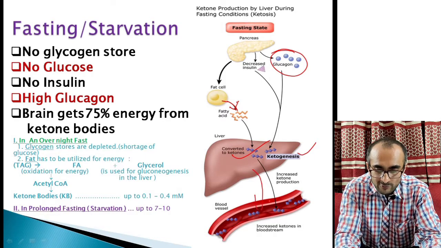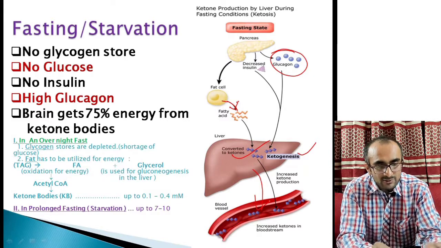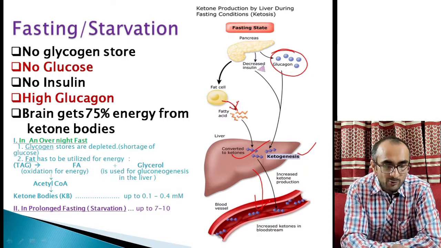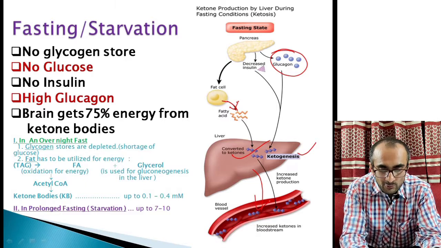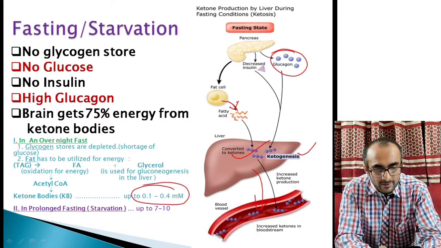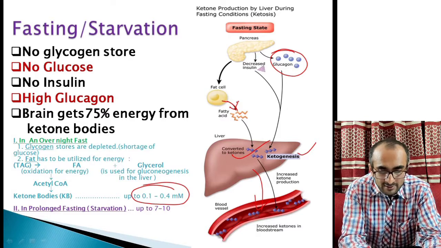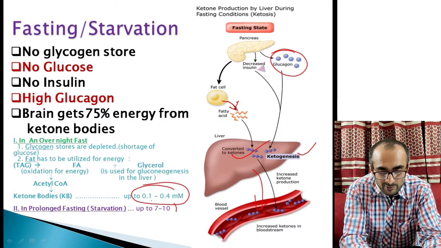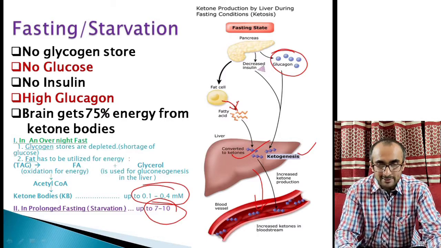Ketone bodies enter into blood and are transported to different tissues. So in case of overnight fast also ketone bodies are formed, but the concentration is not too high. In overnight fast it is 0.1 to 0.4 millimolar. But if fasting is prolonged, like in starvation, this concentration can go up to 7 to 10 millimolar. That's very high, and that leads to ketosis.